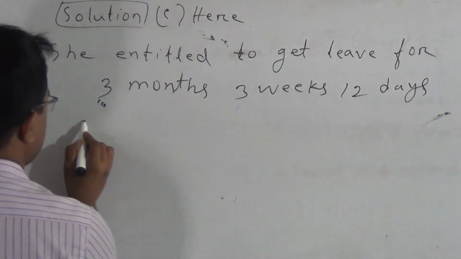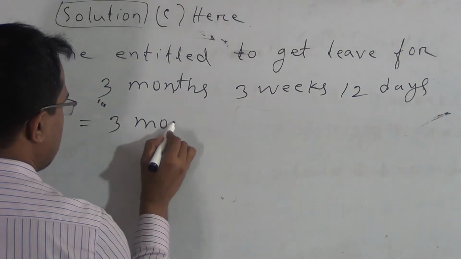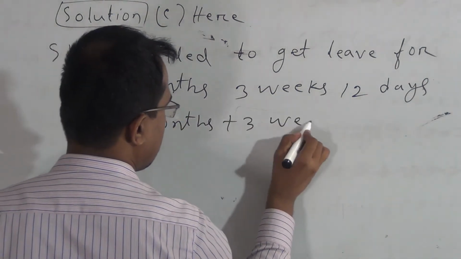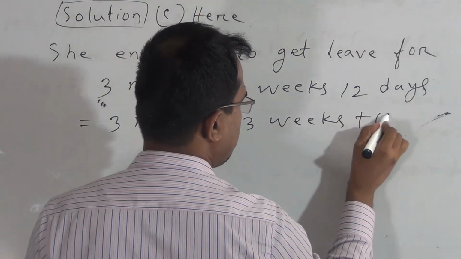We can write it as 3 months plus 3 weeks plus 12 days.